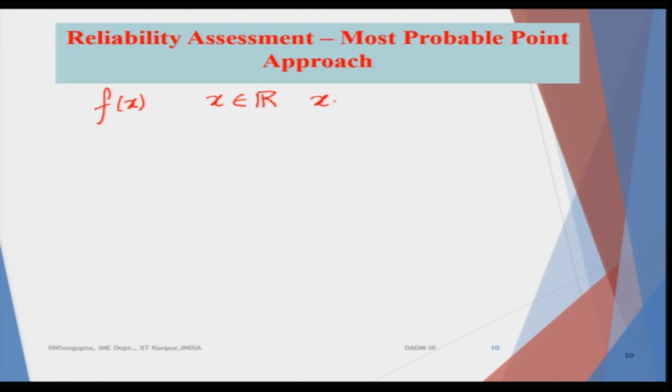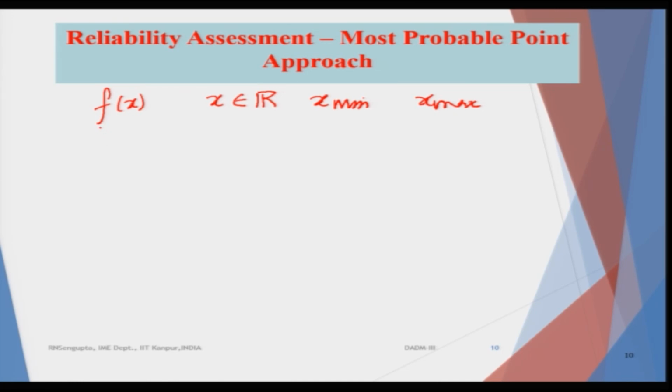So x goes from some minimum to some maximum, and consider this a continuous one. The concept will be the same if we consider the discrete case of x also.